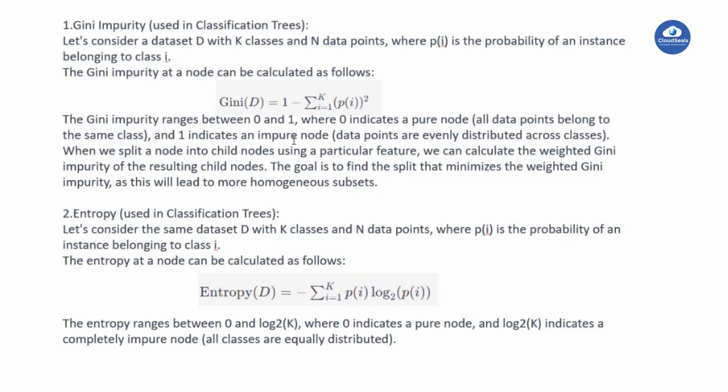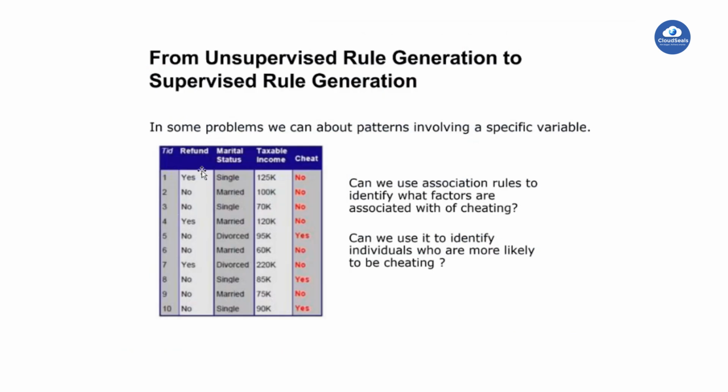If the value is 1, it indicates the impure node, where data points are evenly distributed across classes. For example, here yes and no are both present in the dependent variable. Whenever you take only the no cheat variable, there might be a chance to be refund yes and no. Whenever you filter only the yes variable from the cheat, you will get yes or no from the refund.